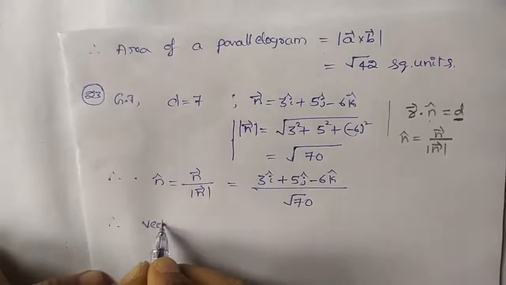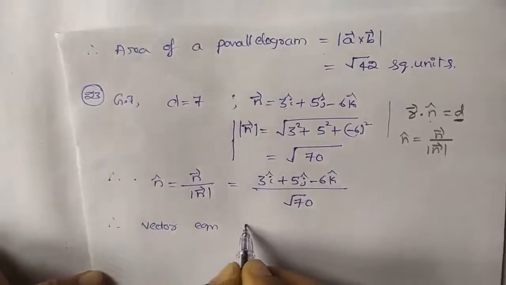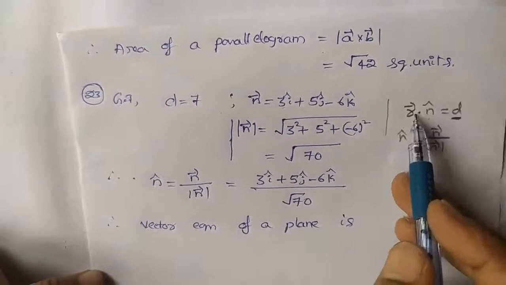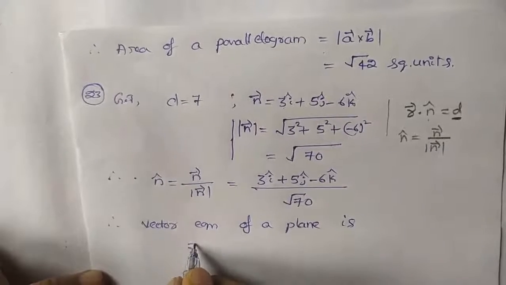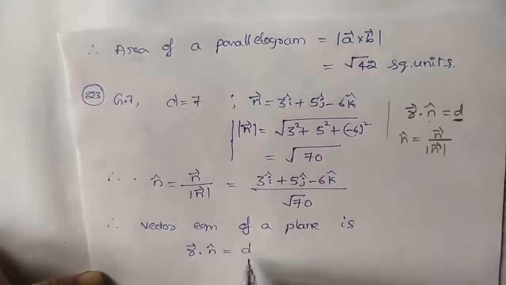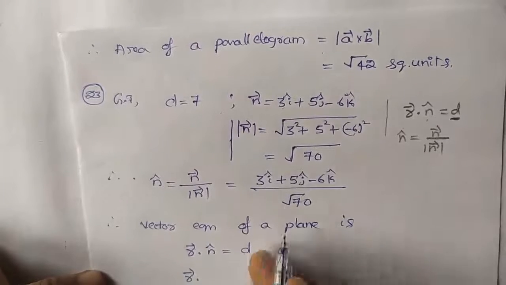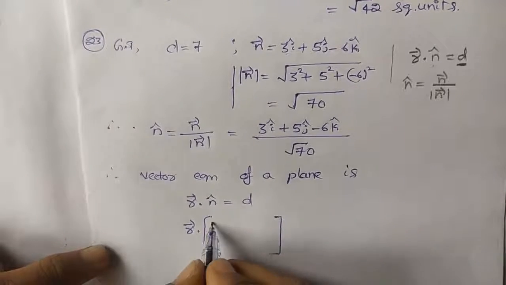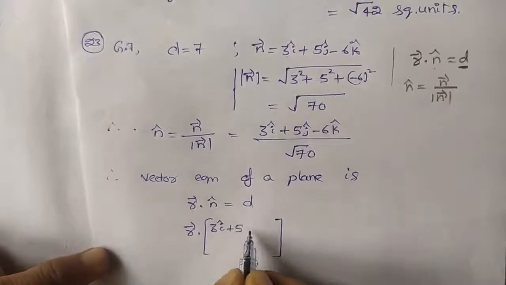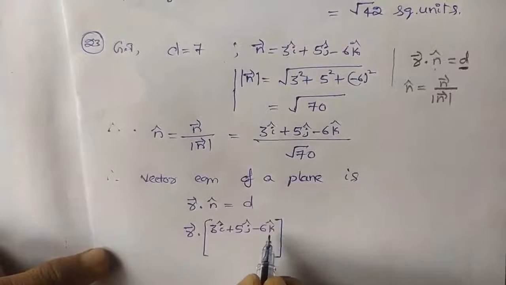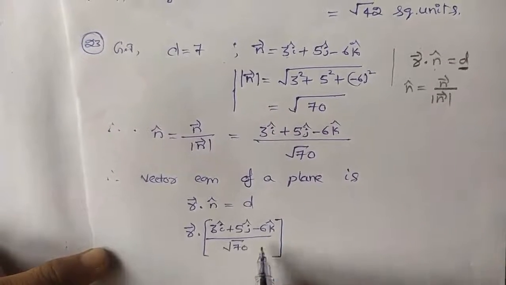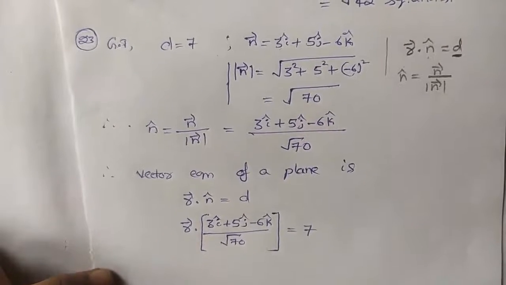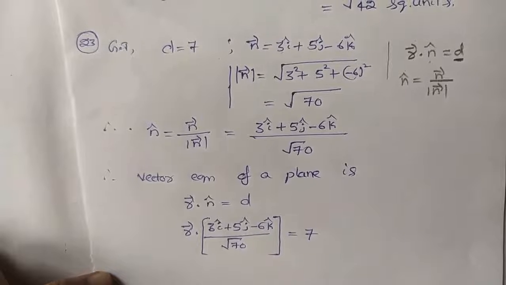Therefore, the vector equation of a plane is R dot n cap equals d. Substitute n cap in this equation. So R dot (3i plus 5j minus 6k) divided by root 70 equals d. D is 7. Okay, so hence it is the solution for this question.